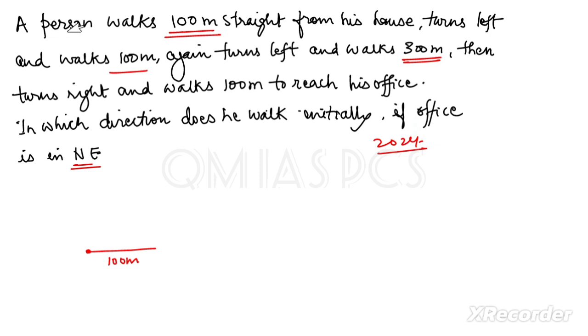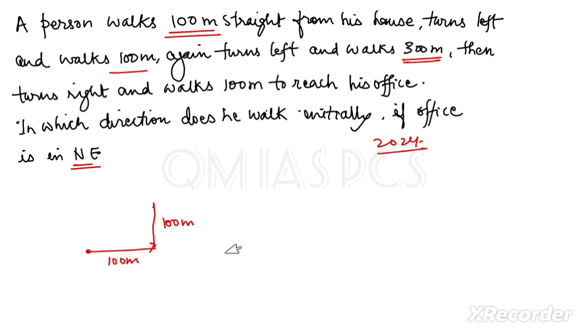So the person walks 100 meters straight from his house, turns left, moving in this direction. Turns left means which direction? This one. And walks 100 meters, that means the same thing. Again turns left and walks 300.